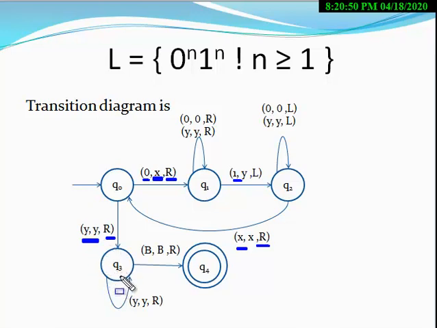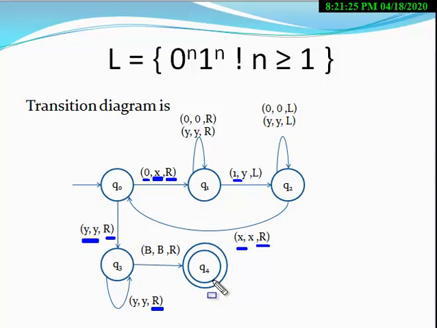Now at the state Q3, when the tape symbol Y appears, the machine only moves in the right direction. When the tape symbol B appears, the machine moves from Q3 to the Q4 state.